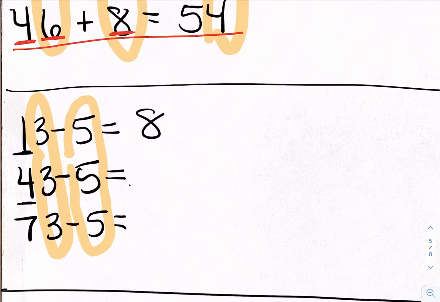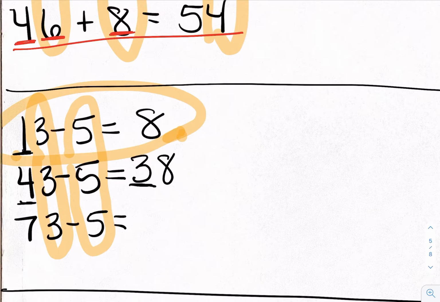I'm going to guess that my answer is going to have an 8 in the last place. If I'm looking at the first basic fact, 13 minus 5 is 8. What I did here is I increased from 1 group of 10 to 4 groups of 10. And that's a difference of 3 groups of 10. So it's 38.